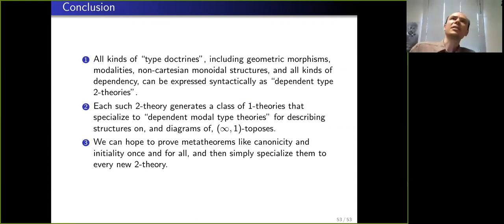So I think the natural formulation of the rules for these things, like product types and coproduct types and sigma types and so on, in the dependent type theory or the modal type theory that we get, has the consequence that all these left adjoint things commute with each other.